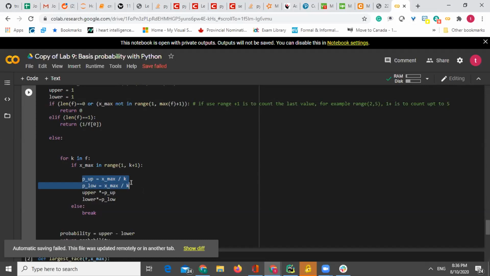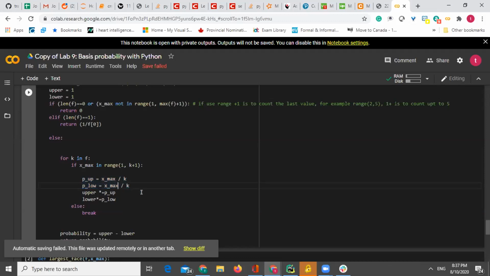P up is the probability that for each face, this P of x is less or equal than x max. But this formula is the same, so I don't understand. Okay, I made the mistake. Instead of x max, I should write x max minus 1. Oh, okay. Thank you.